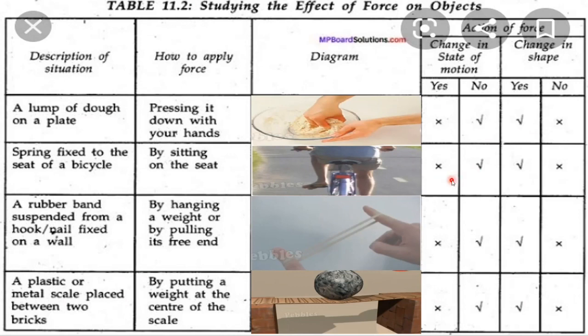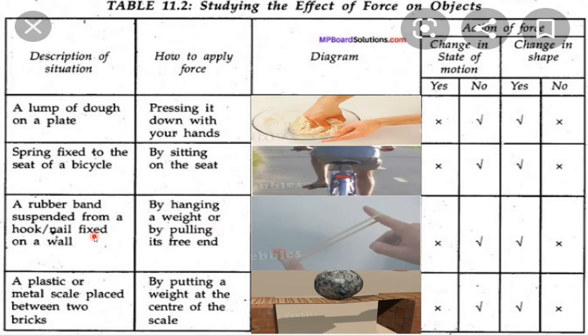No, there is no change in the state of motion. Then what do you observe? When you just sit on the seat, it will be lowered. That means there is a change in the shape. The spring is compressed, so there is a change in the shape of the spring. Then let's move on to the third situation.